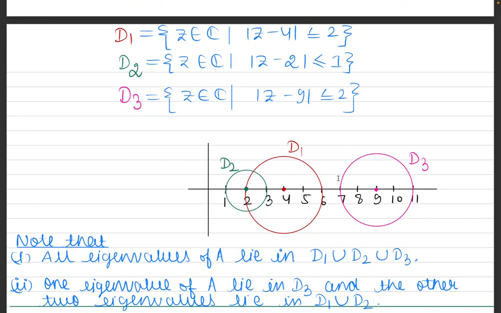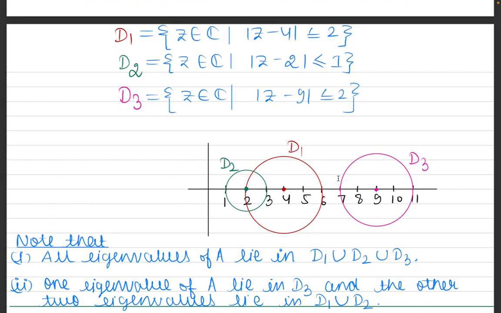Okay. So if on the number line you draw it, on the complex plane, you have 1, 2, 3, 4, 5, 6, 7, 8, 9, 10, 11.